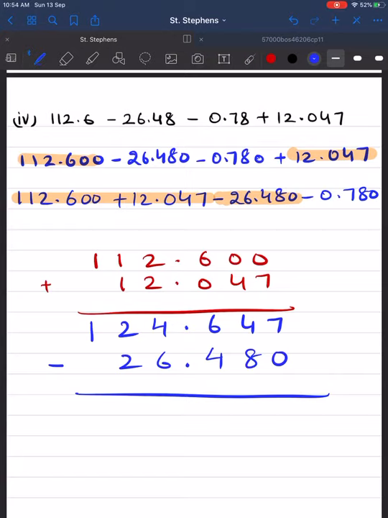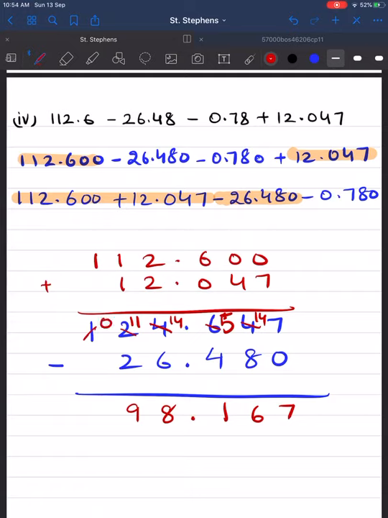So here 7 minus 0 is 7, 14 minus 8 is 6. Now here 5 minus 4 is 1, decimal below decimal, and here 14 minus 6 is 8. Now here 11 minus 2 is 9 and here we get 0.